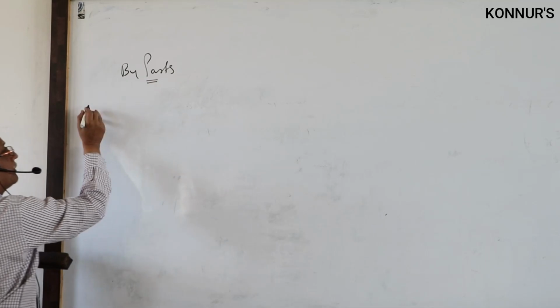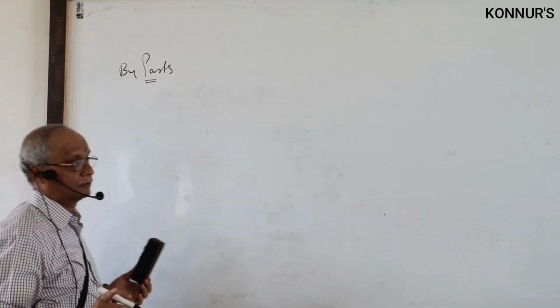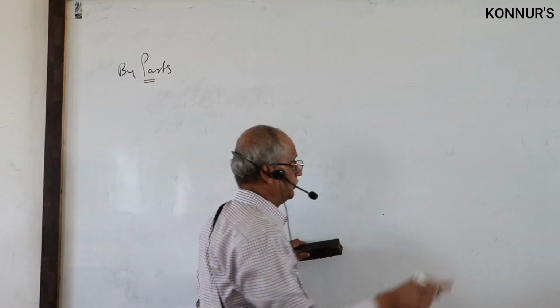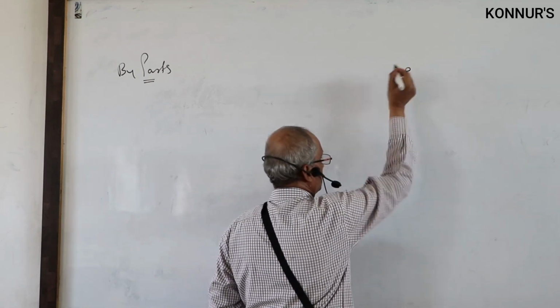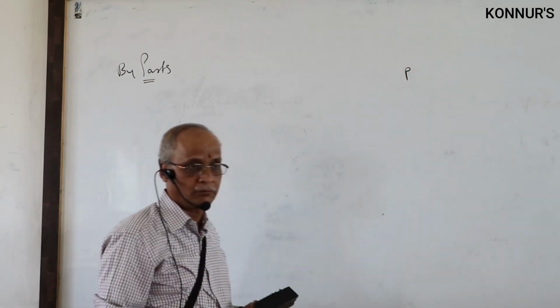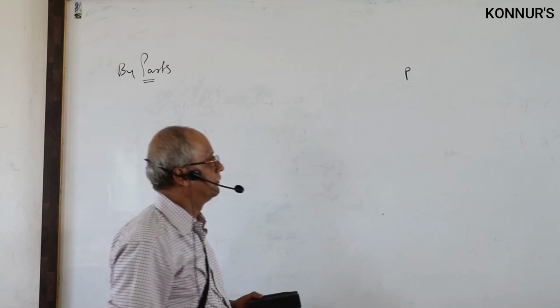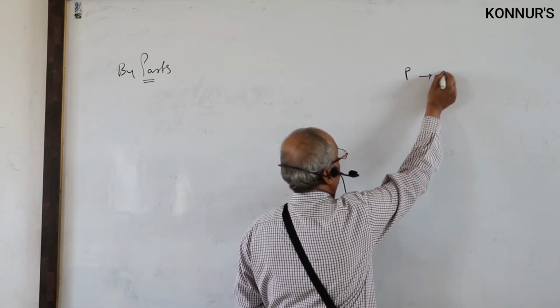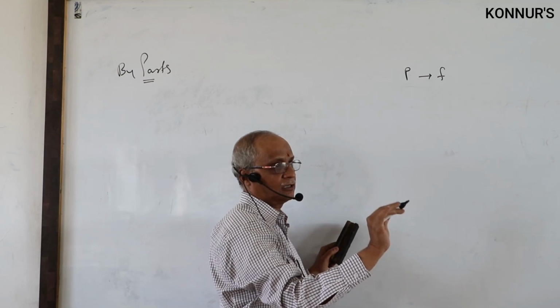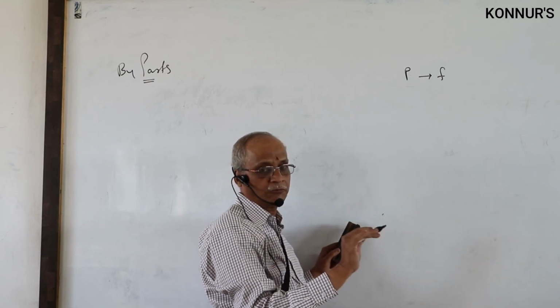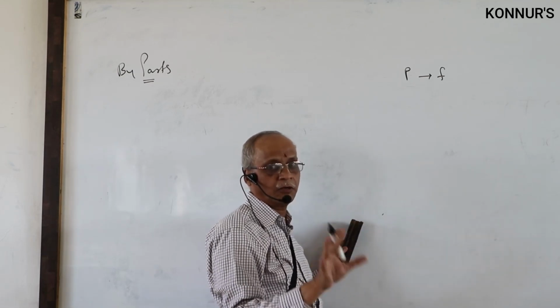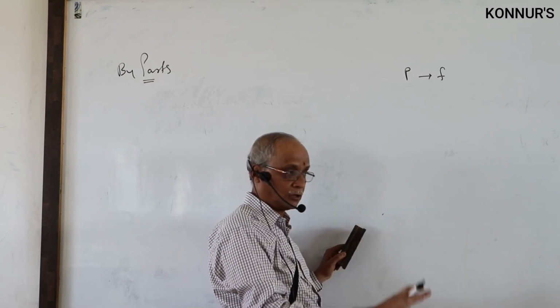First we will write the formula. Remember, every time I give you a problem, or when you read a problem in calculus, first ask: what is the formula? Calculus and trigonometry depend purely on formulas. Otherwise you cannot start.